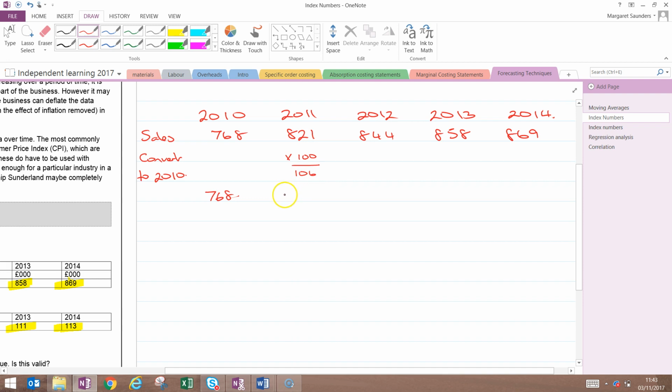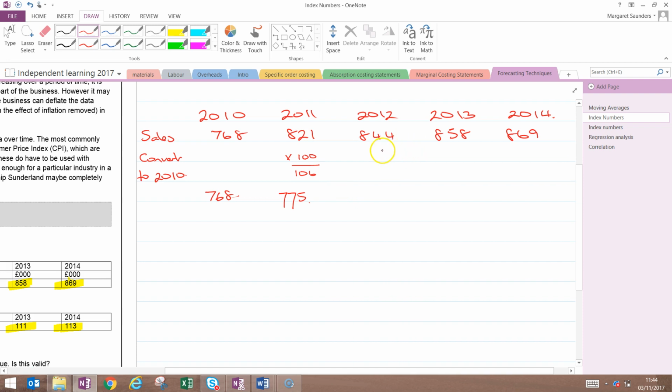And that gives us a sales figure of 775. So this is telling us that if we take away the effects of inflation between 2010 and 2011, our sales figure is 775.